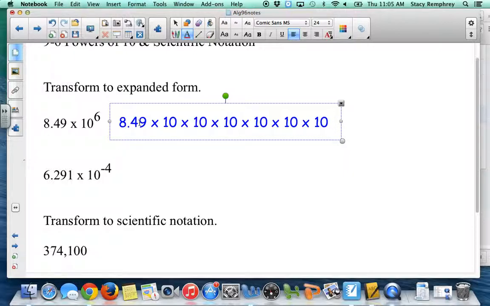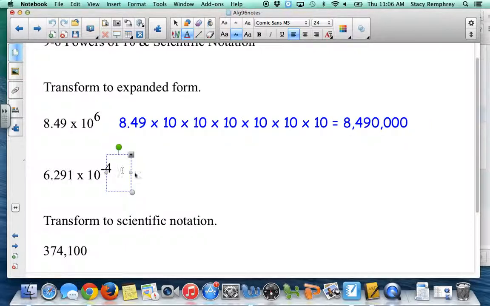And so we're moving the decimal to the right 6 times because that's how many times we're multiplying by 10. So when you move the decimal from right here, 8.49, 6 times, you're going to end up with 8,490,000. So these two mean the same thing, they're just expressed differently.